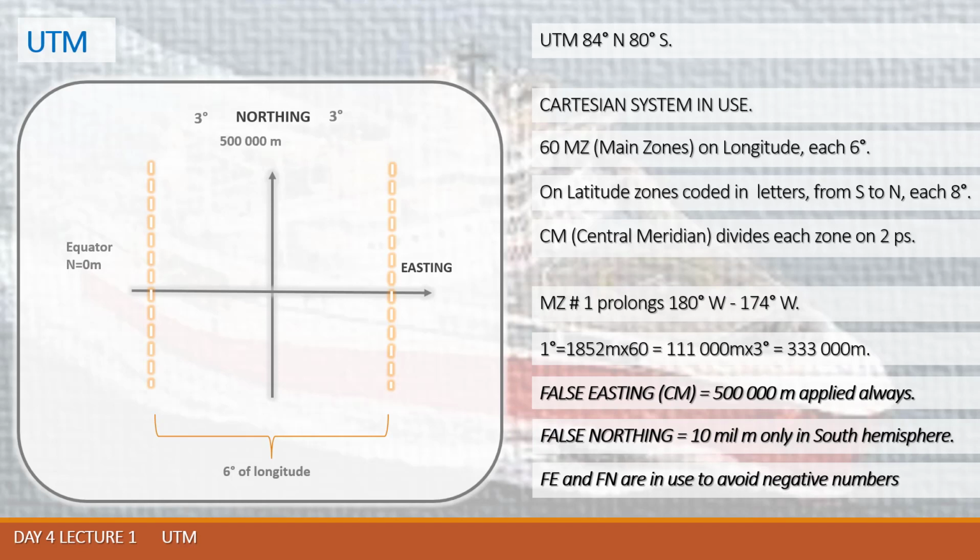To avoid those numbers, instead of 0 for the start of the crossing, we use a 500,000 meter offset. For example, I'm using main zone number 1, which extends from 180 degrees west to 174 degrees west, with the central meridian at 177 degrees west.